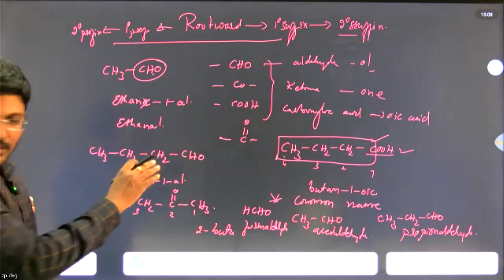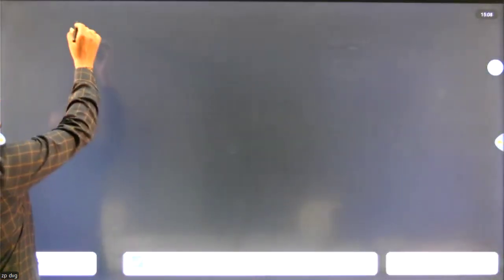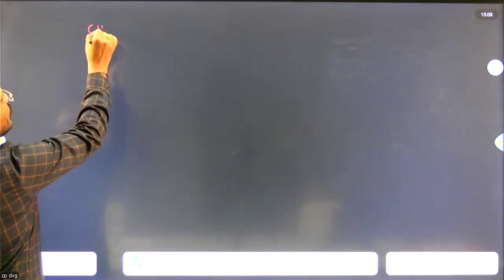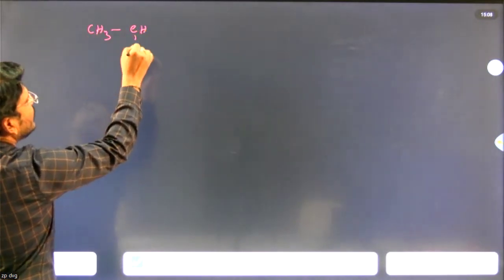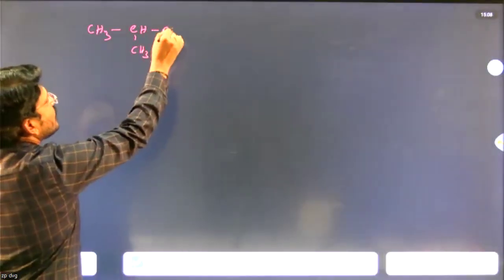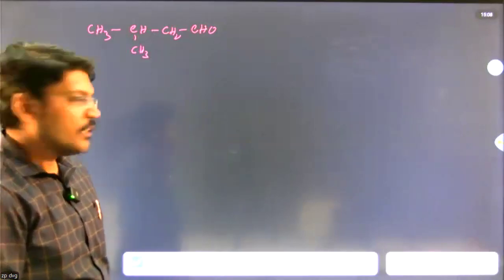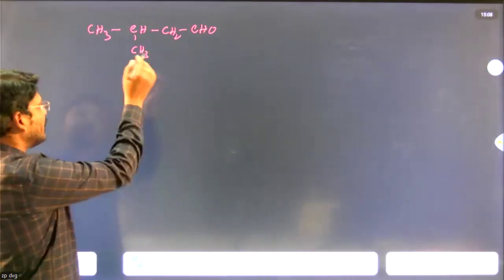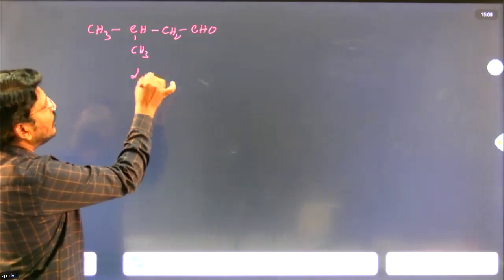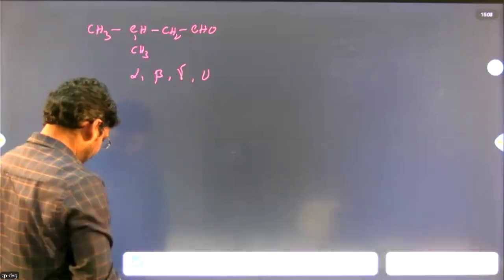So if it contains a ketone, or any other substituents are there, like CH3CH2CHO, if any substituents are there, then compulsorily the position of the substituent can be indicated by using some prefixes like alpha, beta, gamma, delta.